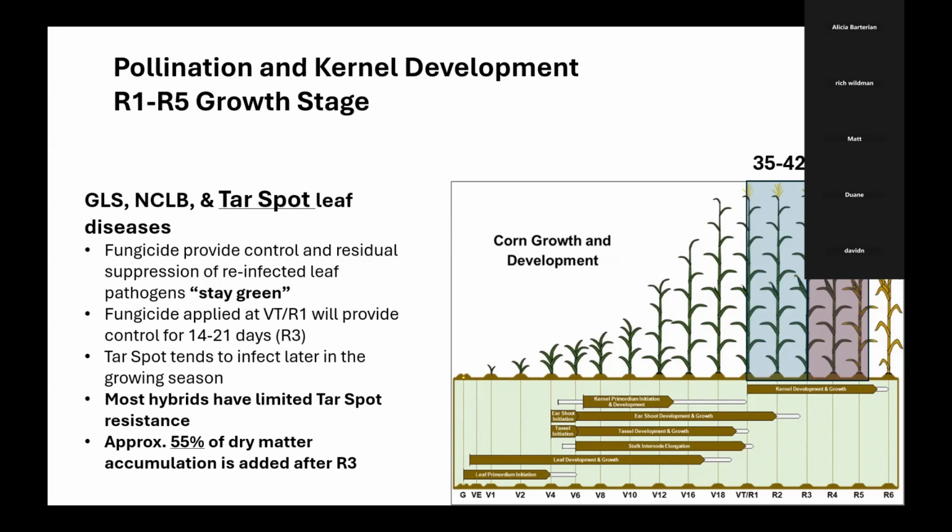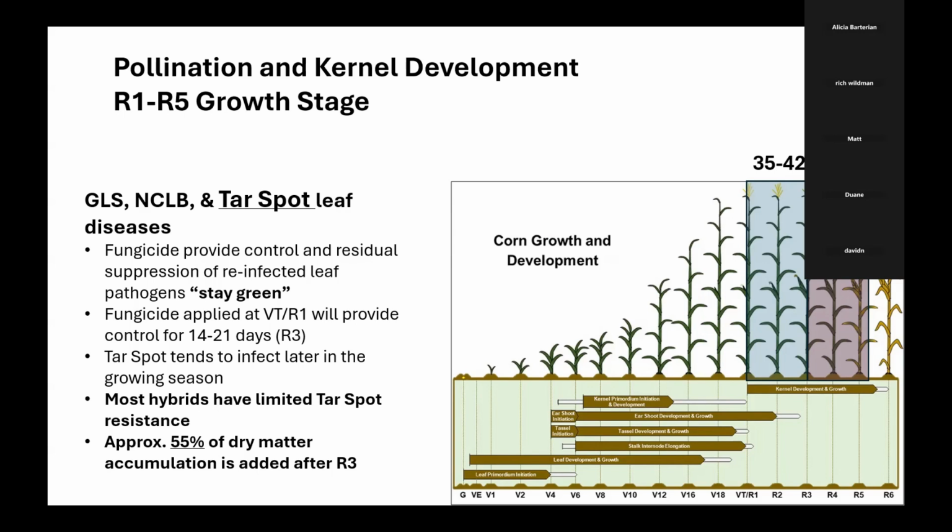And first of all, if we're doing a fungicide application at VT/R1, that gives us about 14 to 21 days of protection. We have about 42 days of grain fill. And if we don't protect that plant all the way through, over half of the dry matter gets added from R3 to R5.